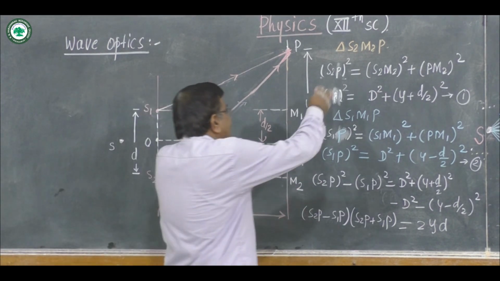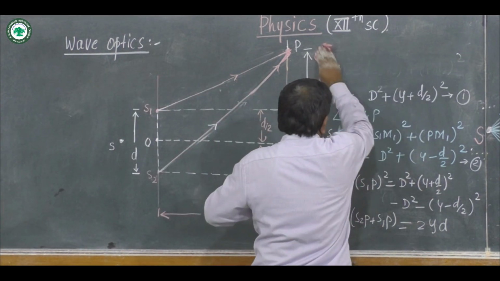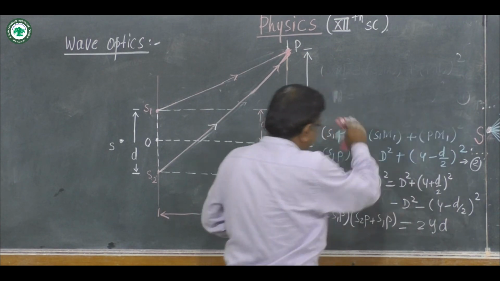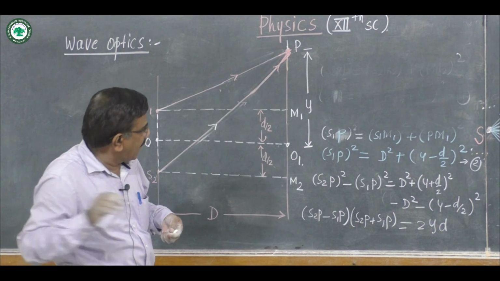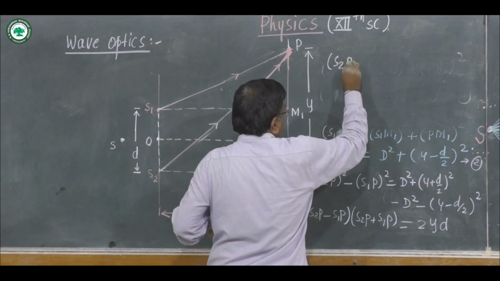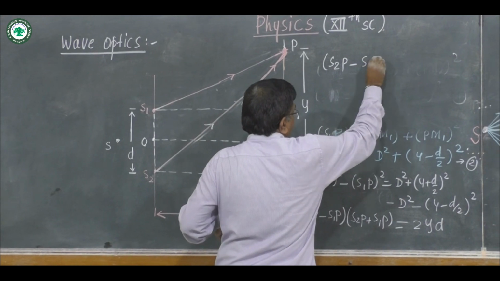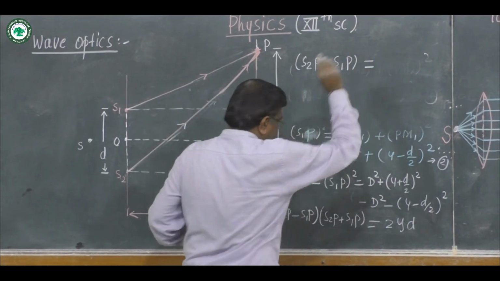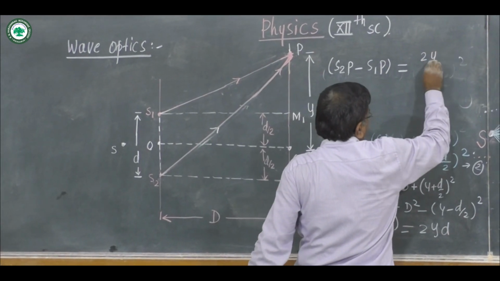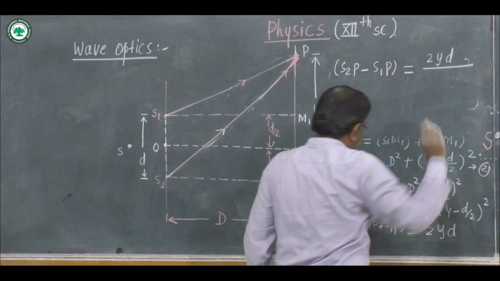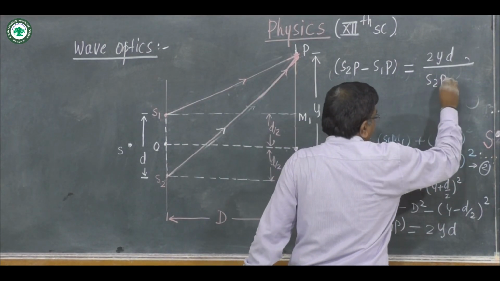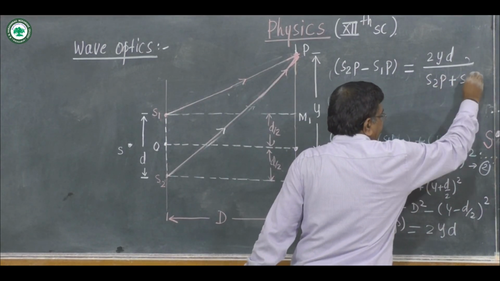Hence our next step is S2P minus S1P is equal to 2yd divided by S2P plus S1P.